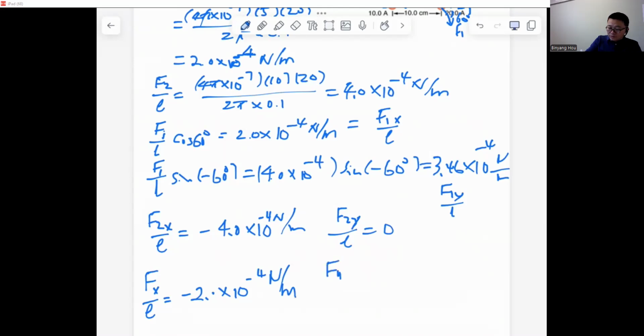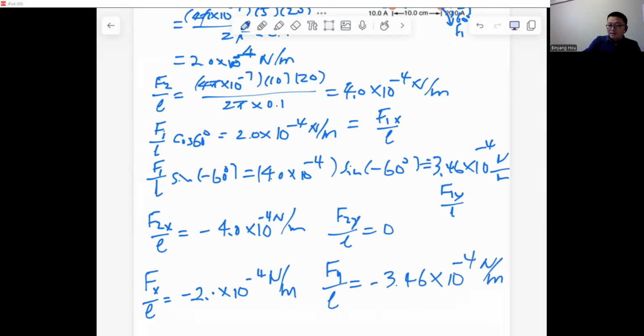And the y component total over L will be F1y plus F2y, which is 0. So F1y is this guy, but negative. I forgot about the negative there. So it'll be negative 3.46 times 10 to the minus 4 newtons per meter.